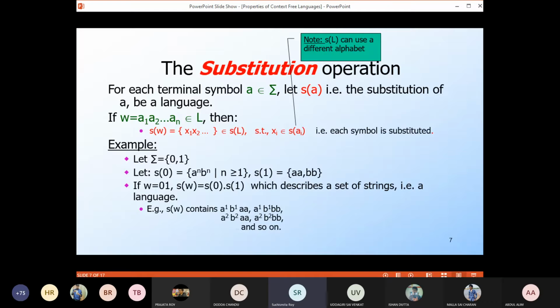And remember, every context-free language has a context-free grammar. So first of all, we take a context-free language L, which is defined by some grammar VTPS, or in this case V sigma PS. So these are the input symbols. Then we define substitution for a string, which is nothing but concatenation of CFLs.